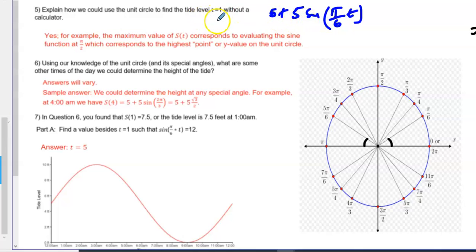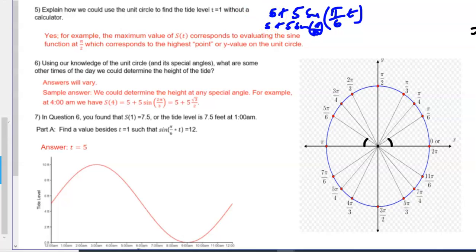When we put t equals 1 in the earlier question, we had 5 plus 5 sine pi on 6, right? And sine pi on 6 is 0.5, and 0.5 times 5 gave us 2.5 plus 5, which gave us 7.5.